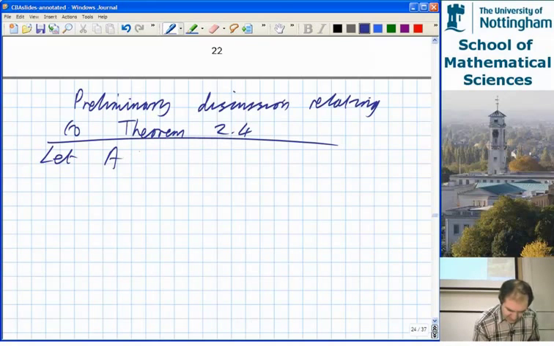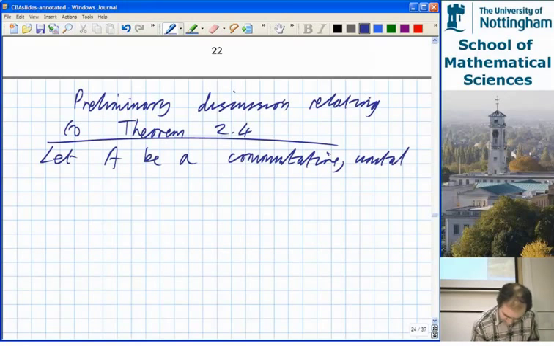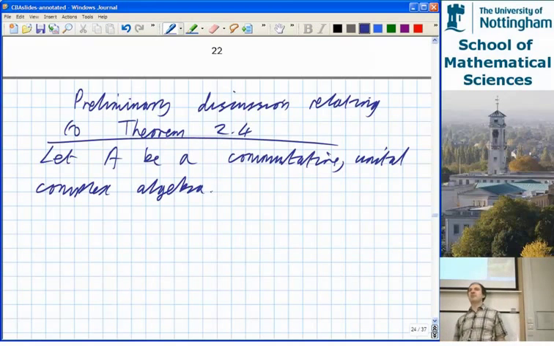Let A be a commutative unital complex algebra just for the moment. I just mean a complex algebra with an identity, but it may as well be a Banach algebra for this discussion. If it's a Banach algebra, then unital means also that the norm of 1 is 1.